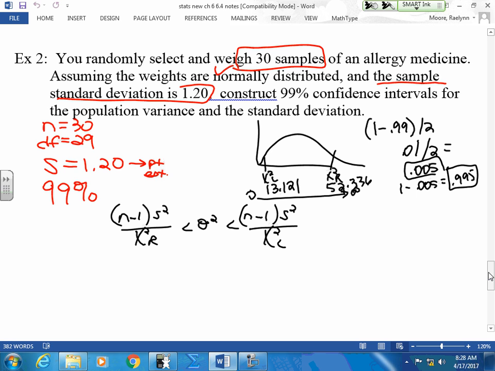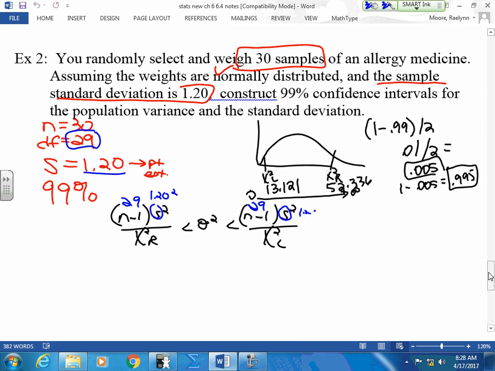Now all we have to do is plop this in. Our degrees of freedom, that was easy. 29, 29, 29. Our standard deviation, 1.2. I have to take the standard deviation and square it. Don't forget to square the standard deviation.